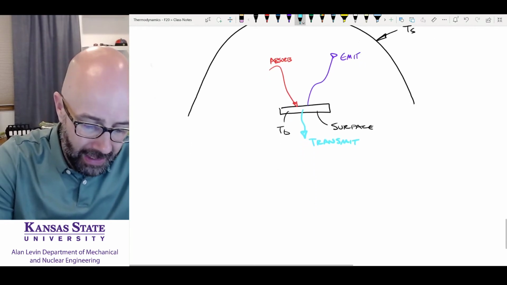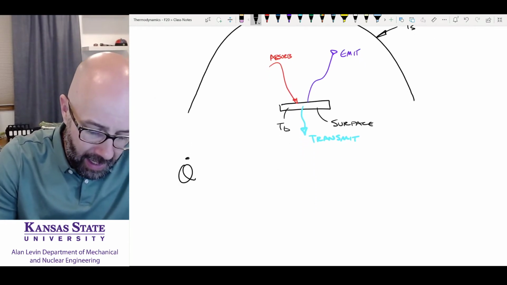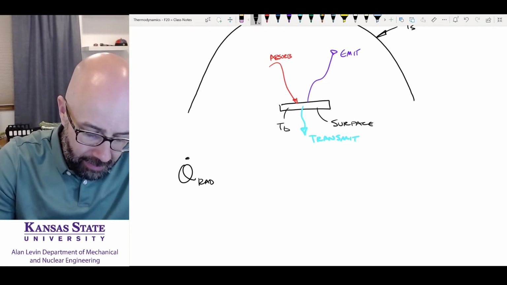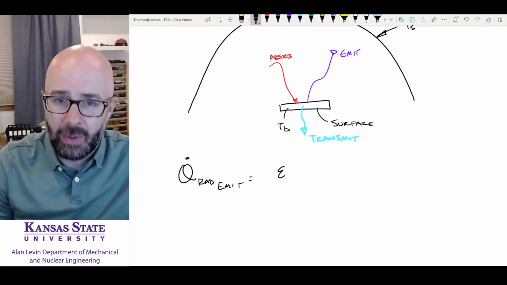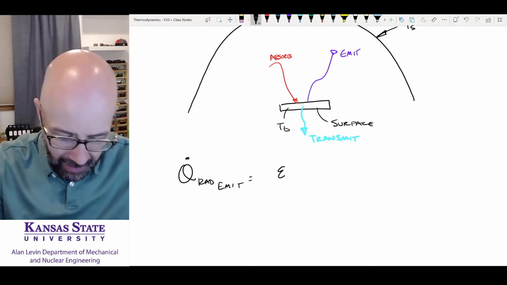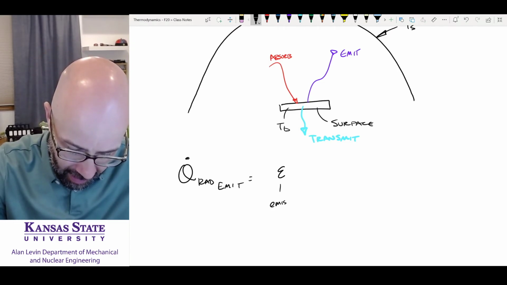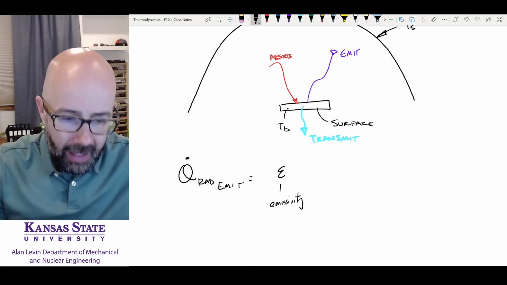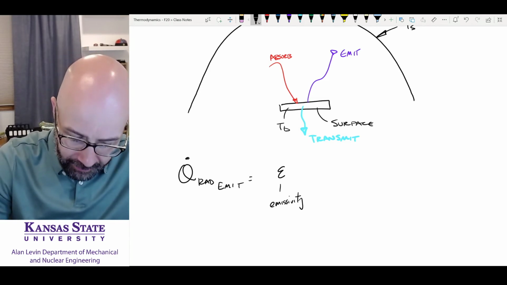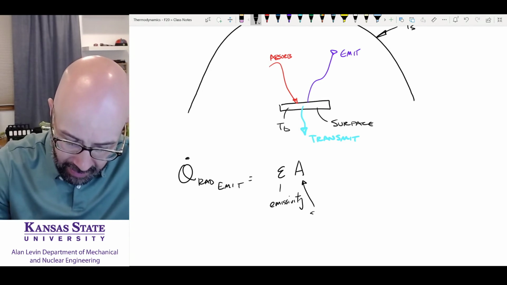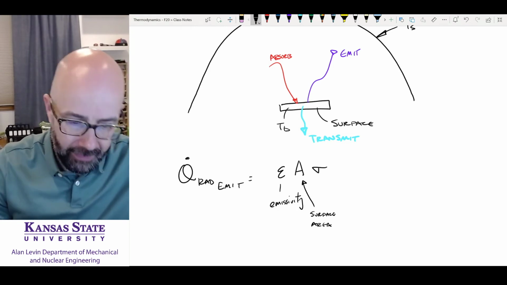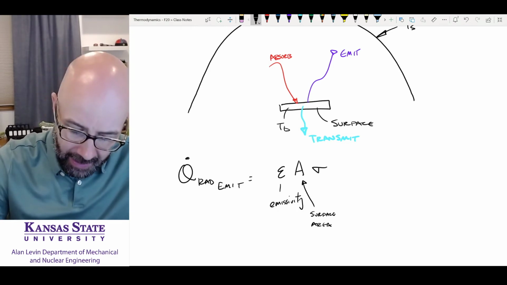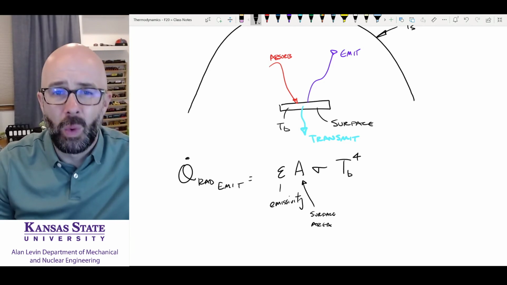So if I want to say what is Q dot radiation emission, that is going to equal epsilon, which is the emissivity, times the area, which is the surface area, times sigma, and I'll talk about what sigma is, times the temperature of the base to the 4th power.